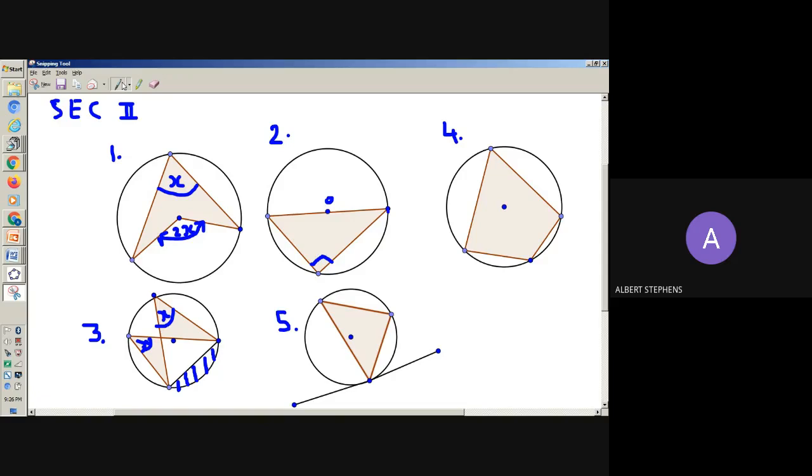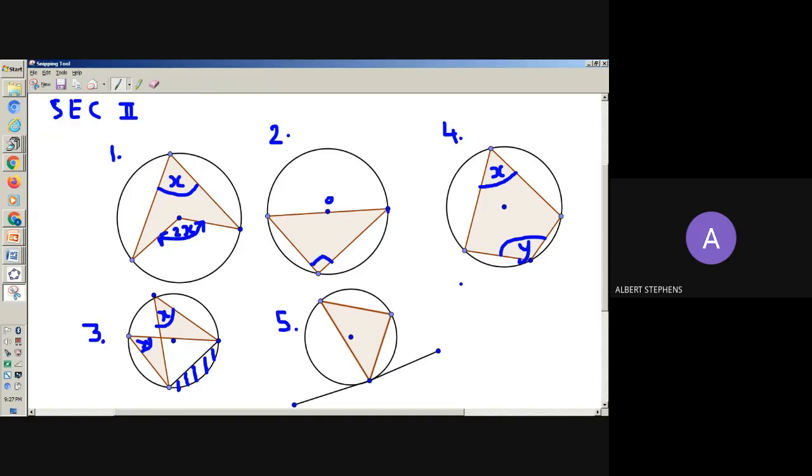Listen carefully. Would you agree with me that these two angles are opposite each other? Would you say X and Y are opposite? Yes. Now, listen carefully.